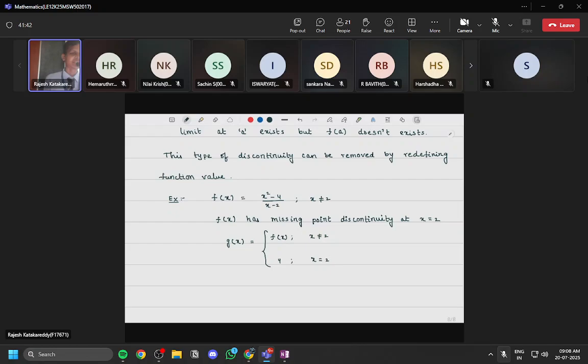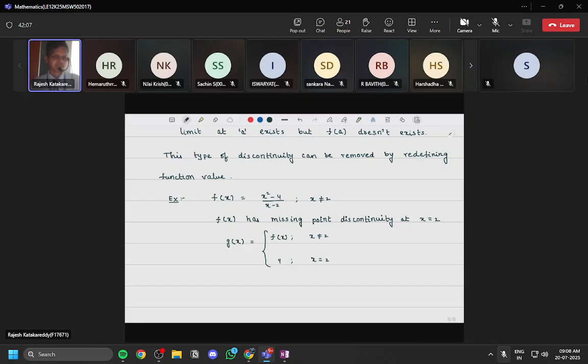Any doubt in this? Anybody? Sorry? No, I'm redefining the function in such a way that it is continuous. f of 2 is not there because 2 is not in the domain. So I redefined it so that I am assigning some value at x is equal to 2. Sorry, we are including 2.